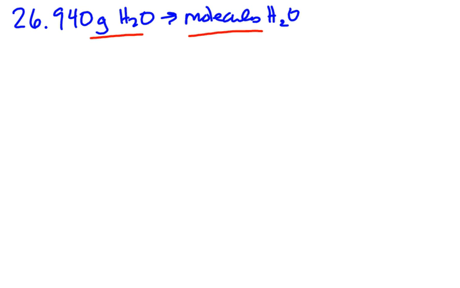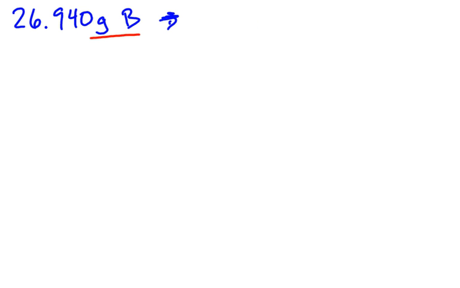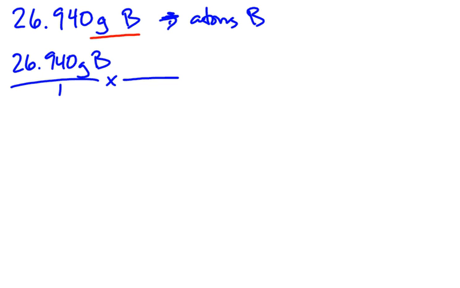Actually, since we haven't really talked about it yet in this video, let's make it simple, and say grams of boron, and I want to know the number of atoms of boron. So I have 6.940 grams of boron over 1. If you're smart, you can figure this out, but for simplicity's sake, let's go one step at a time. I don't know how to go straight from grams to atoms, but I do know how to get to moles, and then from moles I can get to atoms.